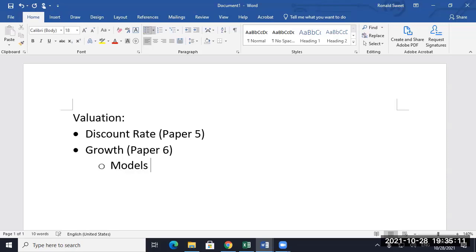So what models are we going to use? These are the models that I recommend you use, and let's see how many of these you know. So the dividend discount model. Y'all remember that formula, right? Can anybody say it off the top of your head?